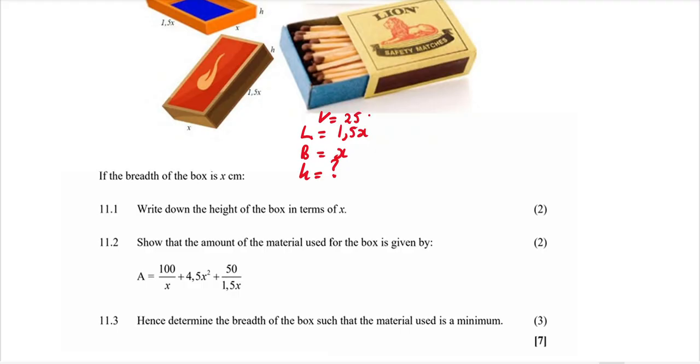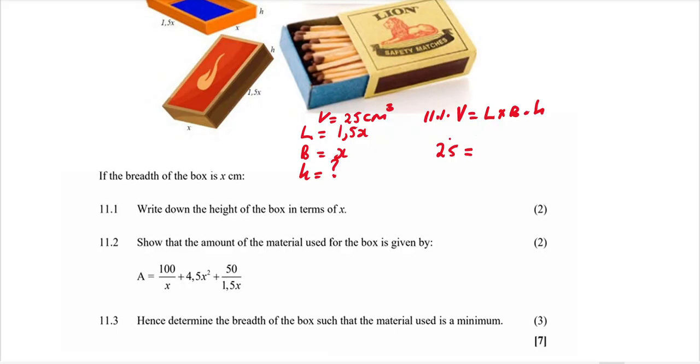So since we have our volume, we know the formula to calculate the volume. Here I'm answering 11.1. V is equal to L multiplied by B multiplied by H. What's our V? It is 25.